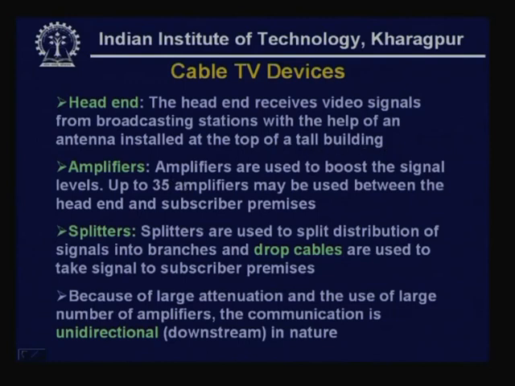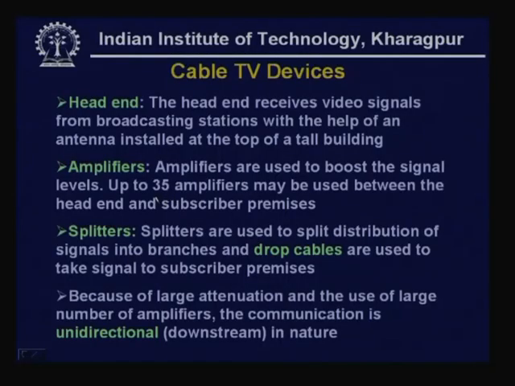Then, as I have mentioned, you require amplifiers to boost the signal, because as you know, the coaxial cable has high attenuation. So, as the signal goes from the head end towards the residential buildings, it gets attenuated.